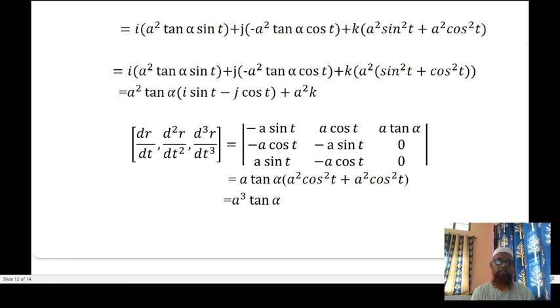Next, the scalar triple product of dr/dt, d²r/dt², d³r/dt³ equals a third order determinant.